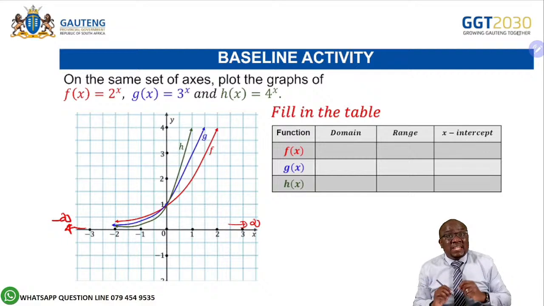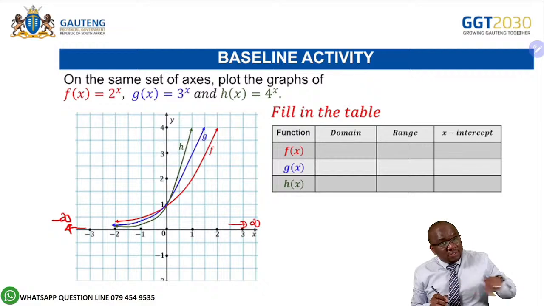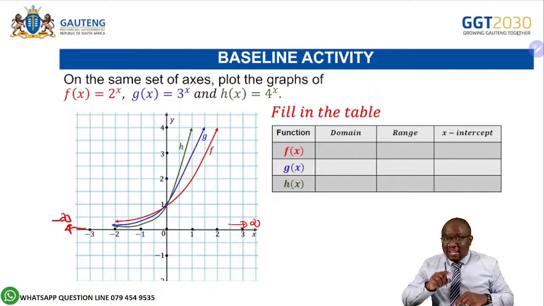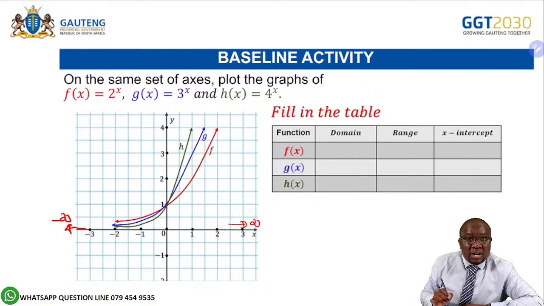Remember, the domain is the input values, which are the x values, the independent variables. Do you remember that when you started the function concept? Someone asked me what infinity means. It means it does not end going to the negative, and also going to the positive it is not ending.